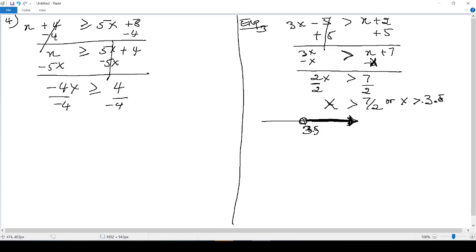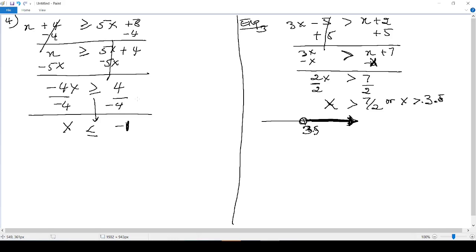And pay attention to something here. I will have x and I will have negative 1. But now this sign will become less than or equal to. Why? Okay, let's open a parenthesis. When multiplying or dividing by a negative number, and here it was dividing by a negative number, the inequality symbol changes to its opposite.